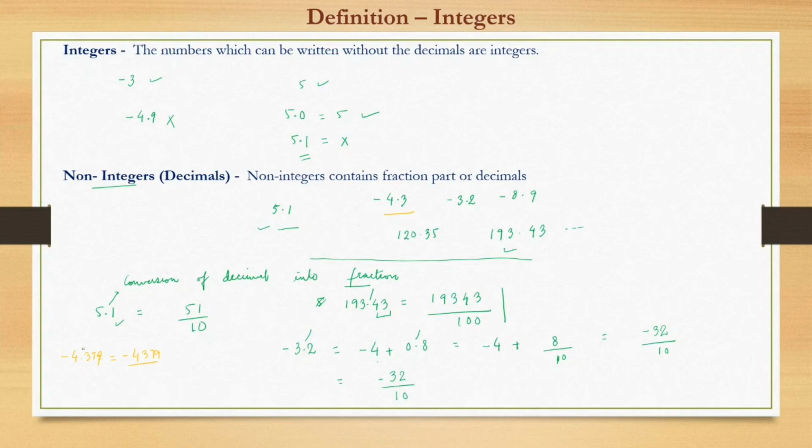I would have written 4379, and to take off this decimal I place 1 here, and how many digits are there after the decimal? 3 digits, 379. So for those 3 digits I put 000. So this becomes your required fractional form. So I hope this is clear.